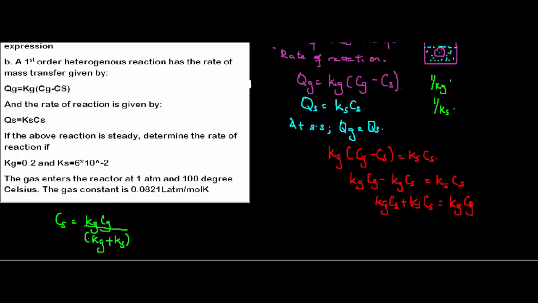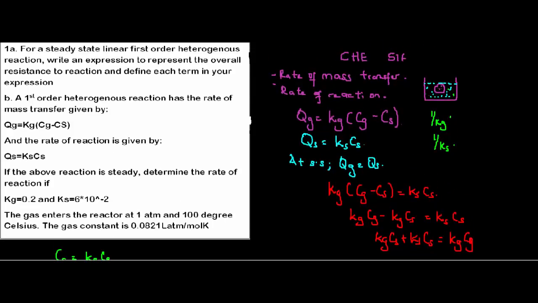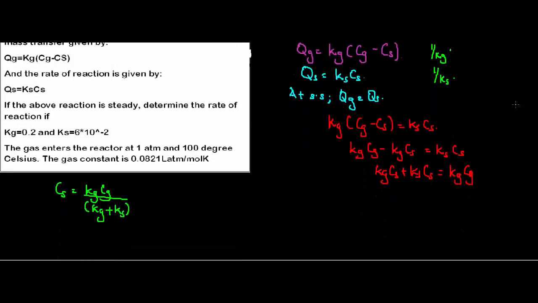Now I have to look for a way to express this in terms of 1 over Ks and 1 over Kg, because they want us to express it in terms of resistance to reaction. Now if you come back here, if I do 1 over Kg plus 1 over Ks, what do I get? I get the LCM of Kg Ks, and I have Ks plus Kg.